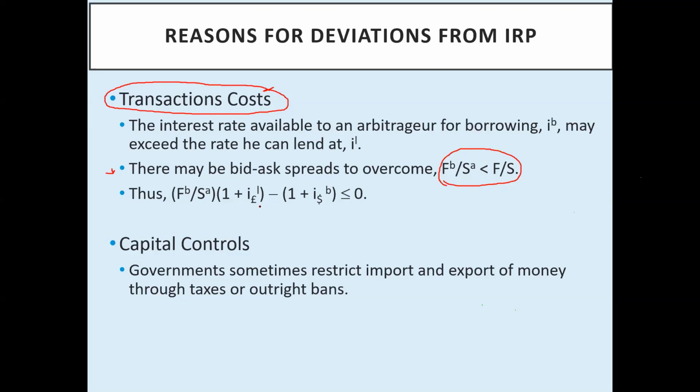Whenever the equilibrium is not met, people will arbitrage away. For arbitrage to happen, you need a free market where people can exchange capital easily. So if you have a government that imposes capital controls, it will create a discrepancy between the IRP rate and the actual rate.